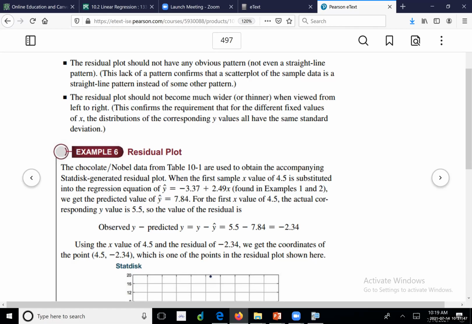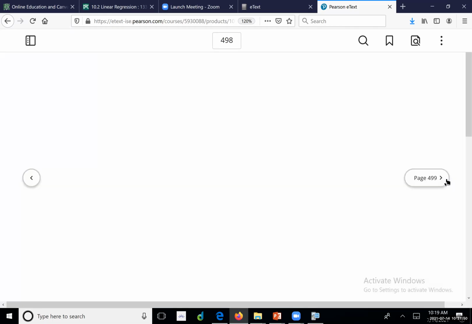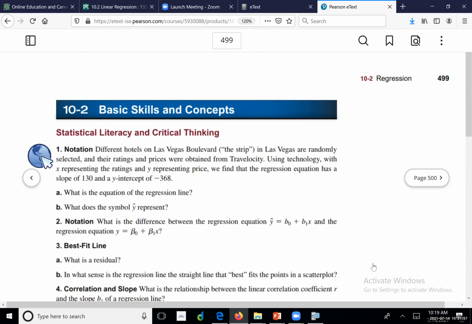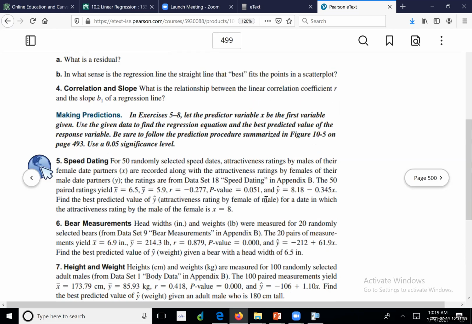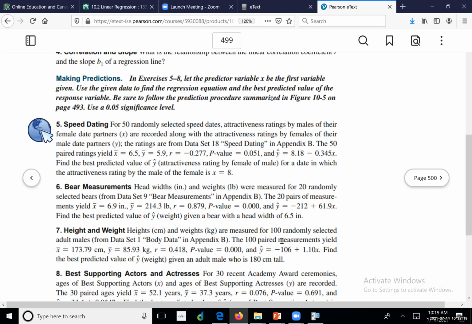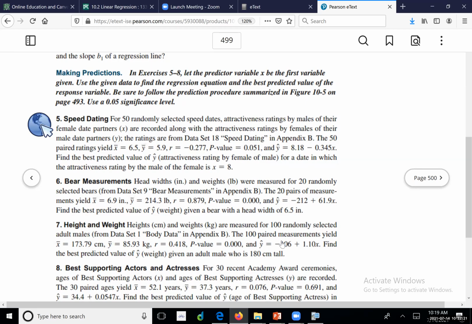So let's do this example right here. Let's do number 6 first.